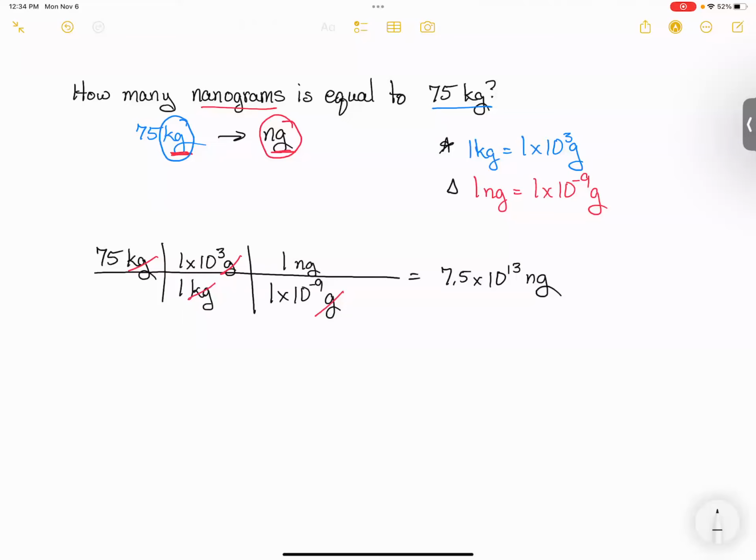So the kilogram piece had to go in the denominator so that they would cancel out. Once those were gone, I had grams left. So on the next one, the gram portion had to go in the denominator so that the unit would cancel out, and put the nanograms in the numerator.